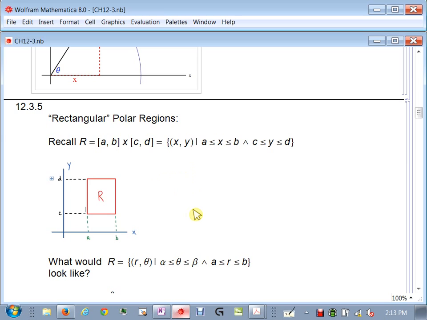But there is also a rectangle in polar coordinates, but it doesn't look like a rectangle. It's still called a rectangle, but in a different coordinate system. So what would happen if I said, show me all the points given by r and theta where your theta is between two constants and your radius is between two constants? What would that draw?